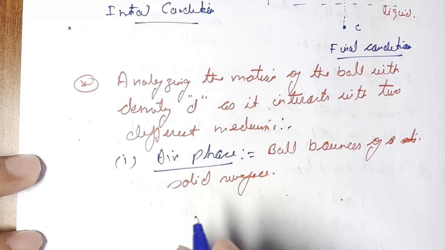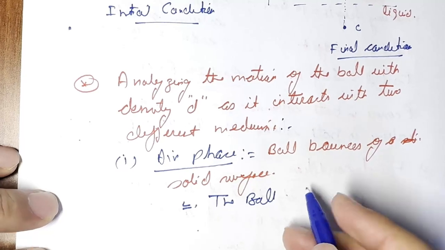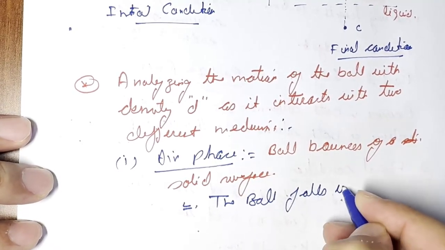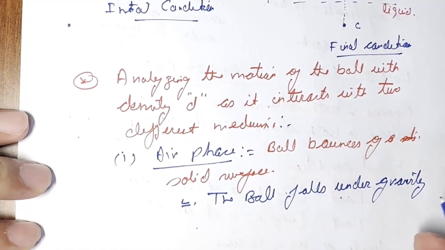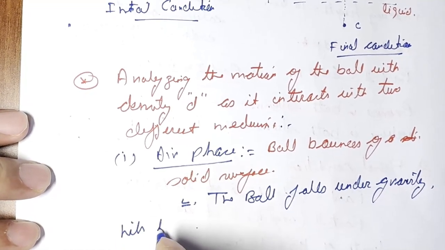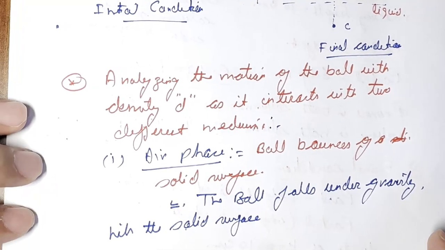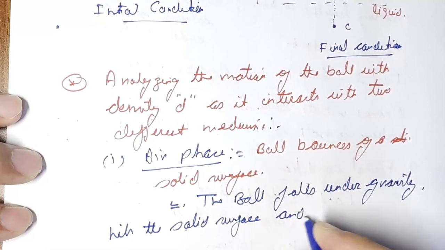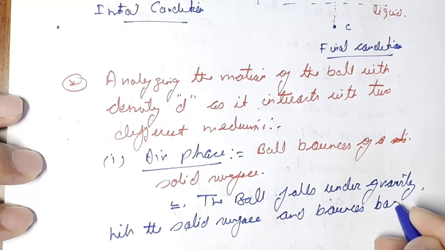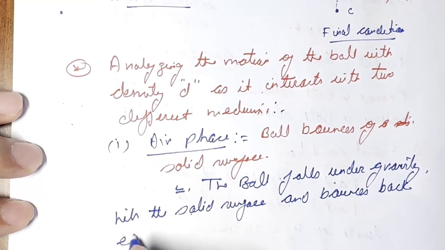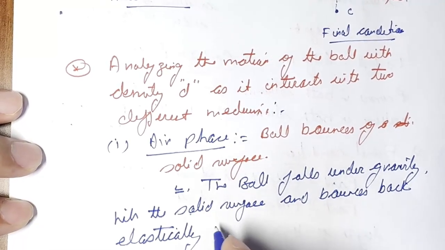In this case, in the question itself, it is given that the ball falls under gravity, hits the solid surface and bounces elastically back to the starting point.